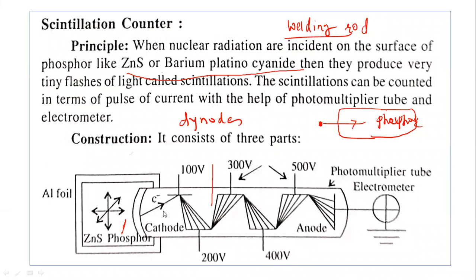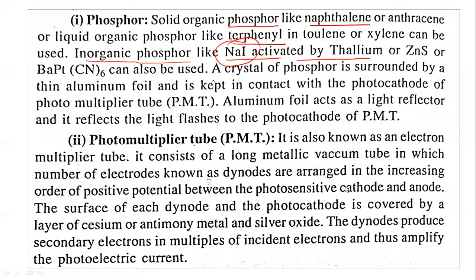That's why the photomultiplier tube multiplies the number of electrons here. So for that purpose, a number of dynodes are arranged in a series with increasing positive potential. Okay, so in this way, the current pulse can be amplified and the electrometer counts the current here.